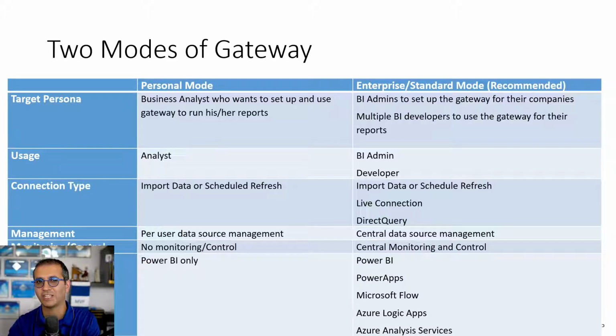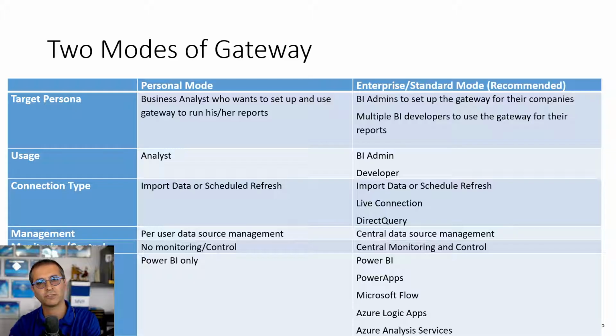There have been a lot of names throughout many years for this. The current name as of now that we are recording this video is the standard gateway, but it is always marked as recommended gateway. This is a gateway that you can install. It has a little bit more setup process to do, but it supports all types of connections: import, direct query, live connection.